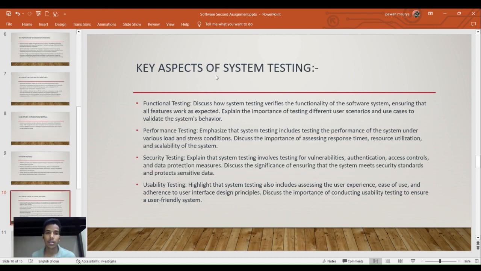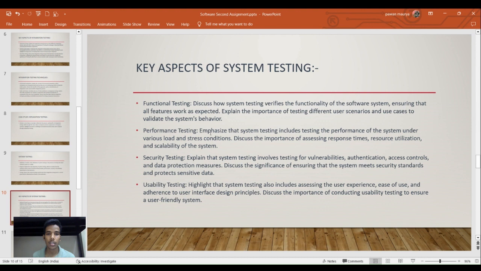Key aspects of system testing. Functional testing: discuss how system testing verifies the functionality of the software system, ensuring that all features work as expected. Explain the importance of testing different user scenarios and use cases to validate the system behavior.